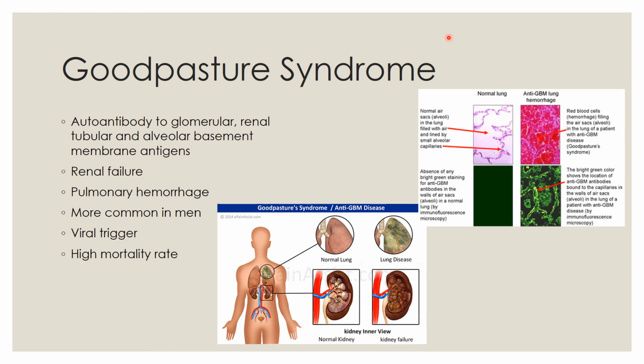The renal failure can be crashing, so it can happen so quickly that there's not much you can do. And if I produce an antibody against the basement membrane of this kidney, I'm going to produce it against my other kidney as well, so I get bilateral kidney failure. That's difficult to overcome.